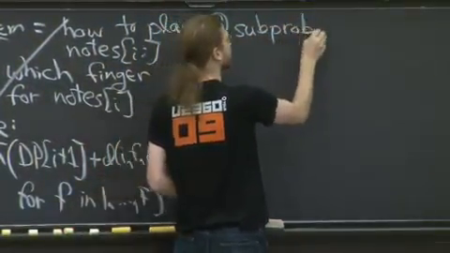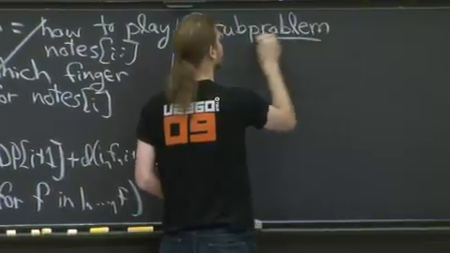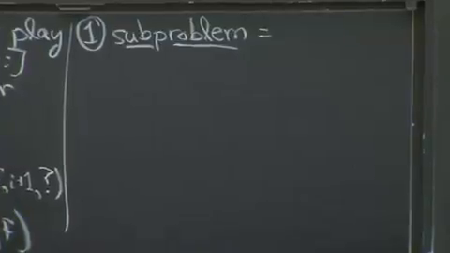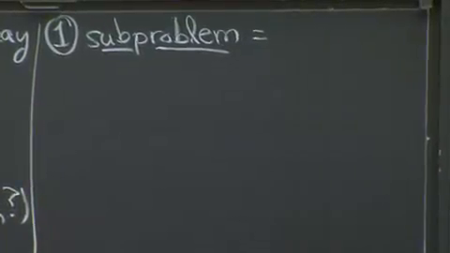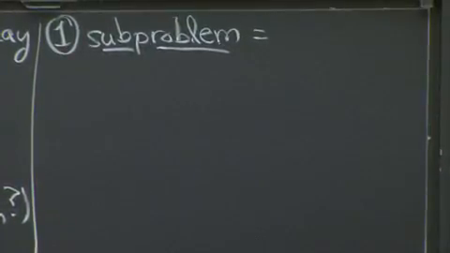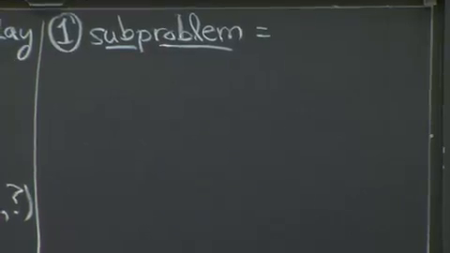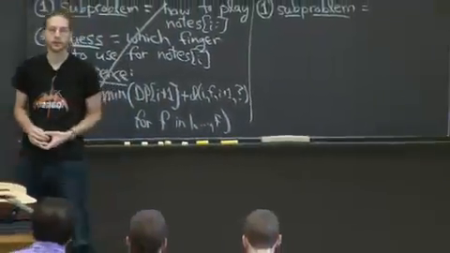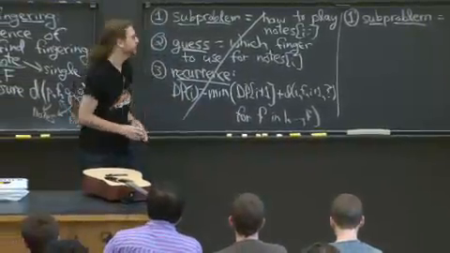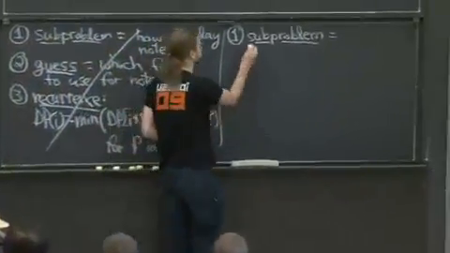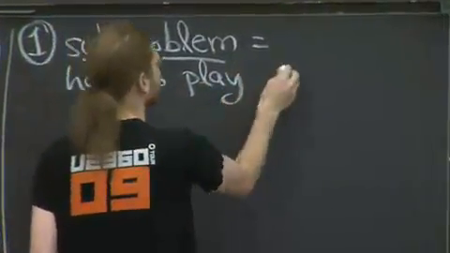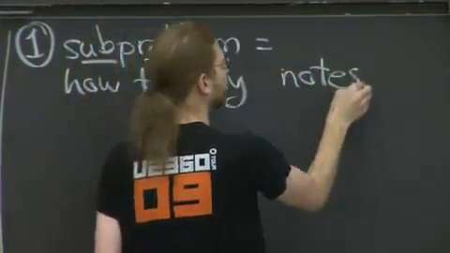A couple of right answers here. Yeah? Maybe all the suffixes starting at I, for all the possible fingers for I in the subproblem. Yeah, good. How to play... It's still about the suffixes.